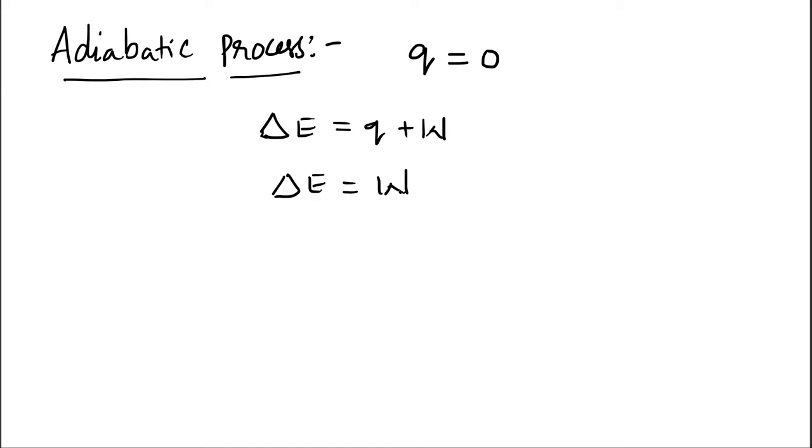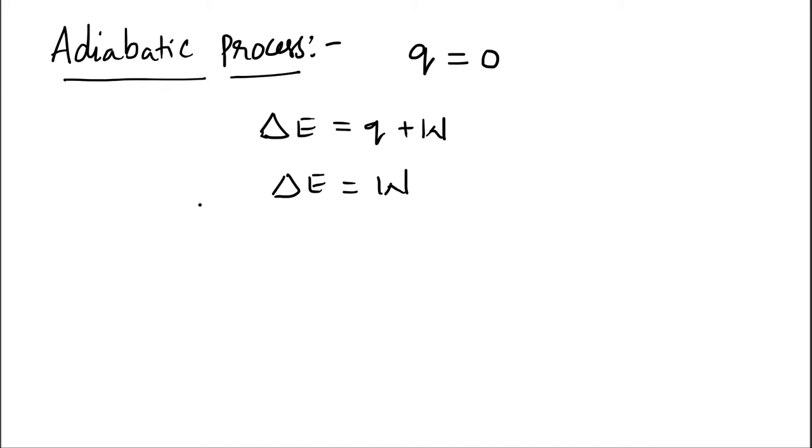The system is doing the work by using its own energy. It's not taking heat from outside. Therefore, how can it perform the work? Only by using the energy it possesses because of its existence, that is internal energy.